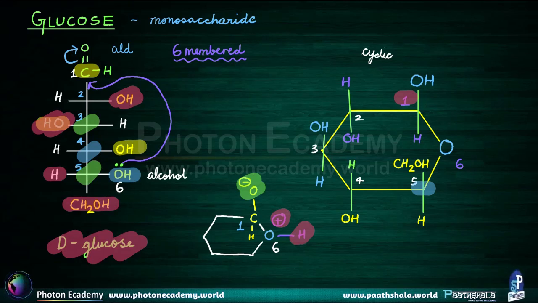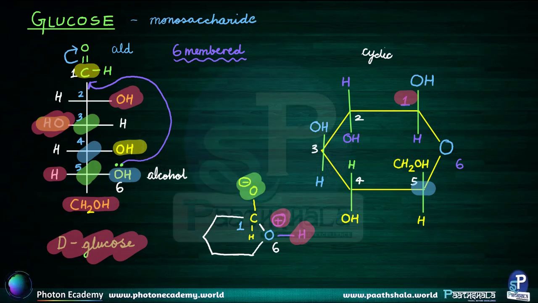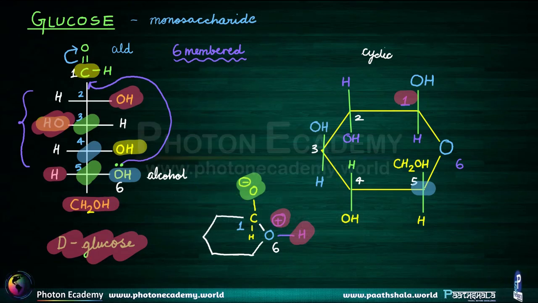So if you see carefully, when I was placing my OH group, I was not very sure of where to place the OH group originally, because in all the rest of the carbons, I see a very clear relationship between the OH of one carbon and the OH of the second carbon. I can see whether they are trans to each other, and so I place them in the cyclic structure as they were.